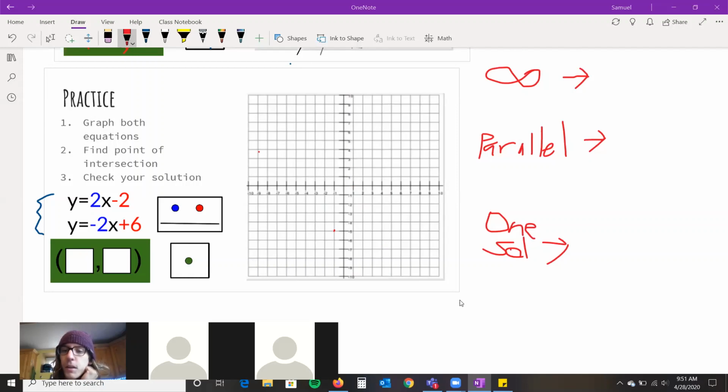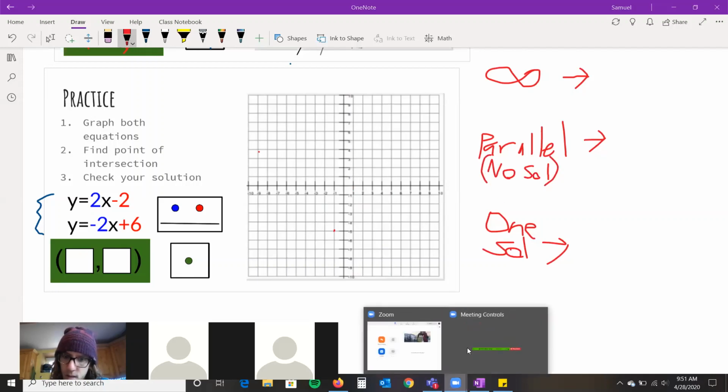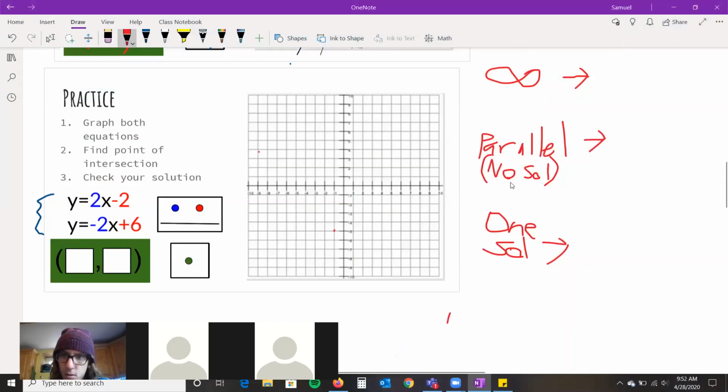So for them to be infinitely many solutions, does it need a same slope? Does it need a same slope and a y-intercept that are the same? Or what does it need for infinitely many? Real quick, what do you guys think?